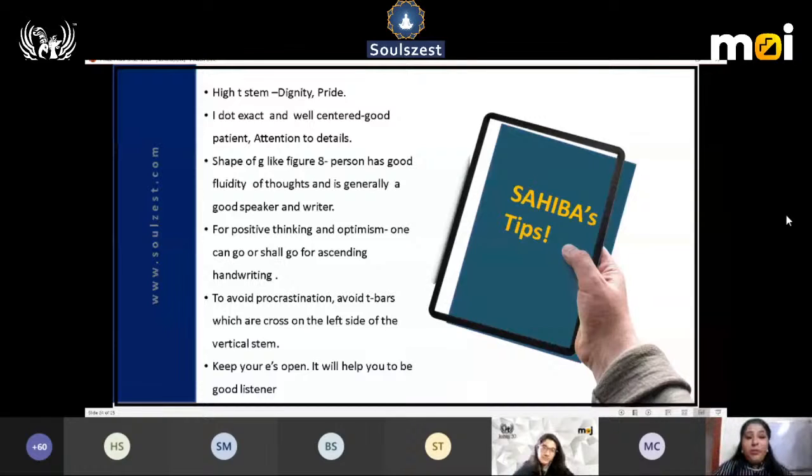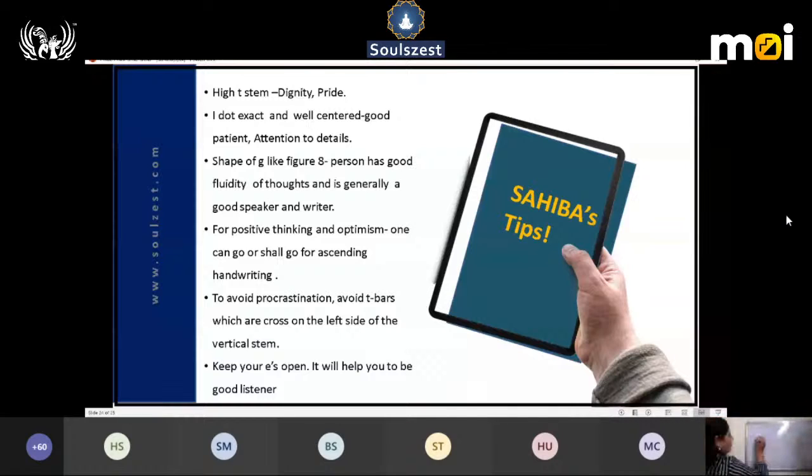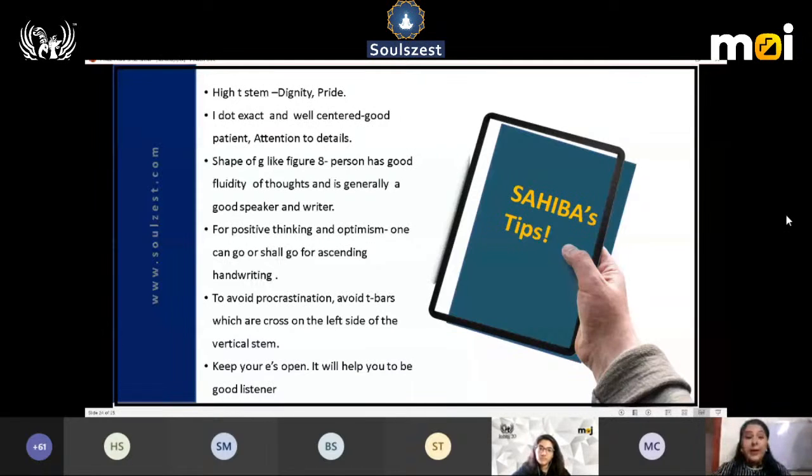Shape of G like letter 8. Shape of G like figure 8, person has good fluidity of thought and is generally a good speaker and a writer. Okay. For positive thinking and optimism, one can go or shall go for ascending handwriting.